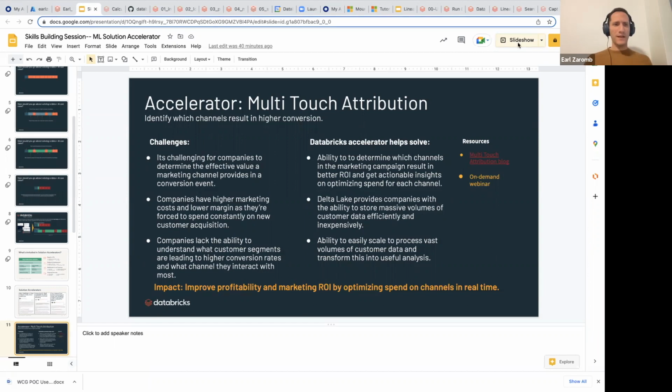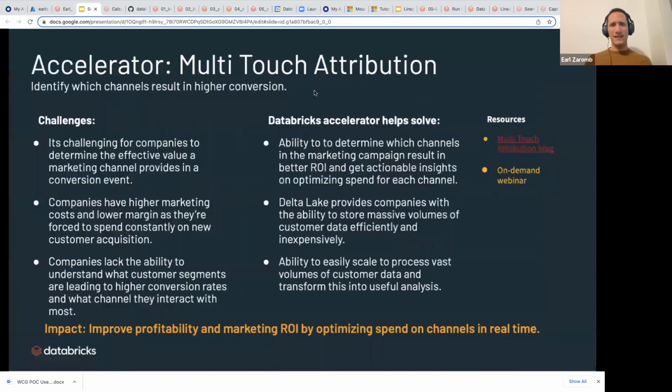So the example I wanted to show today, even though we have dozens of solution accelerators, is multi-touch attribution, for a couple of reasons. One, I actually came from the advertising world, and this was a common example, but it's also something that crosses a lot of different industries. I know we have folks on this call from financial services, healthcare and retail.